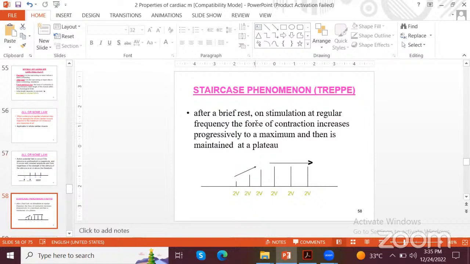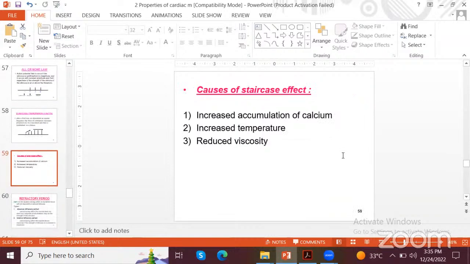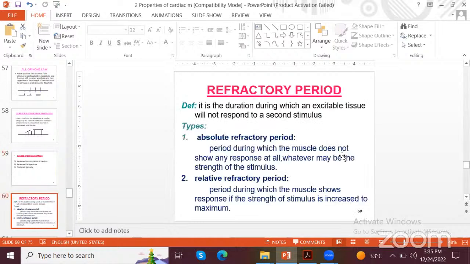After a brief rest, on stimulation at regular frequency, the force of contraction increases progressively to a maximum, then it maintains a plateau. This is because of increased accumulation of calcium, increased temperature, and reduced viscosity due to continuous stimulations.